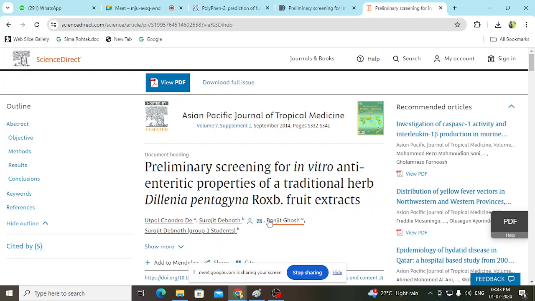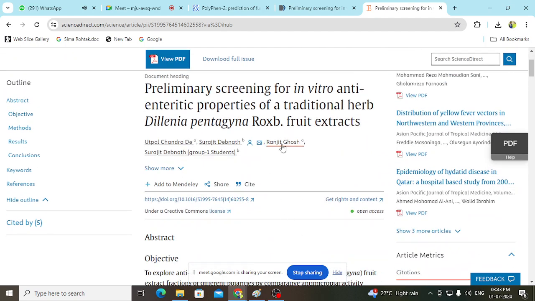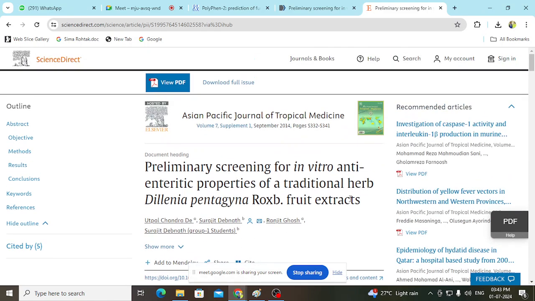A group of my students, like your group. Similarly, Shurajit Debnath, group 1 students. So many students were also there, so everybody's name we could not include. Those who contributed significantly, 1 student and another faculty, these names were there. So this is how a wet lab study is seen.